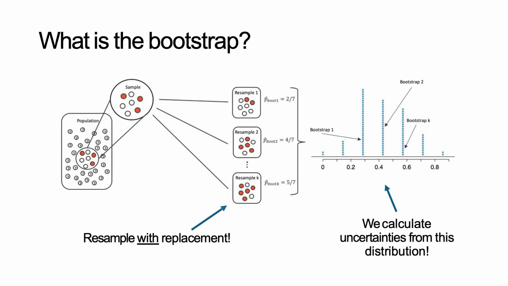Okay, and this time we're saying, well, 2/7 of the balls are red, 4/7 are red, 5/7 are red. It's changing each time, you see. And if we keep doing that, we get a distribution. So there are 3 distributions in those dots.